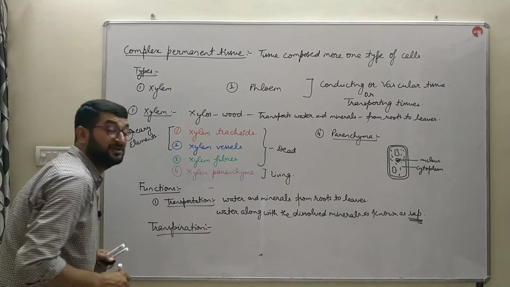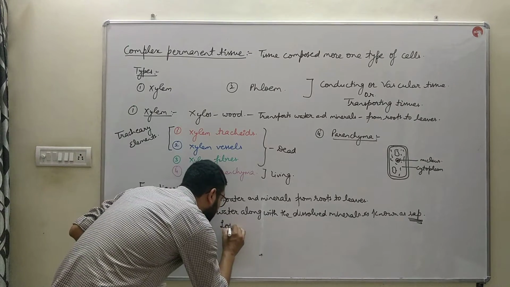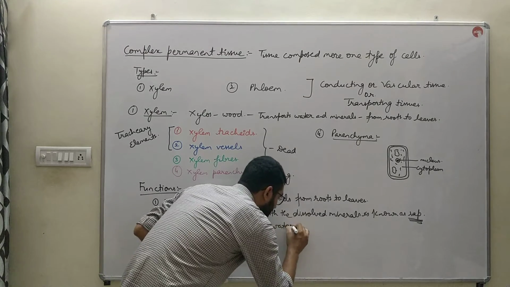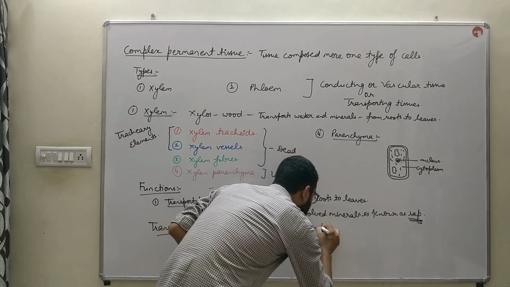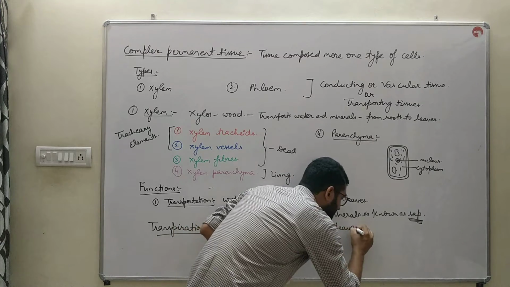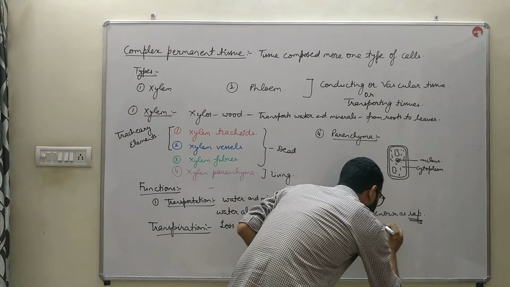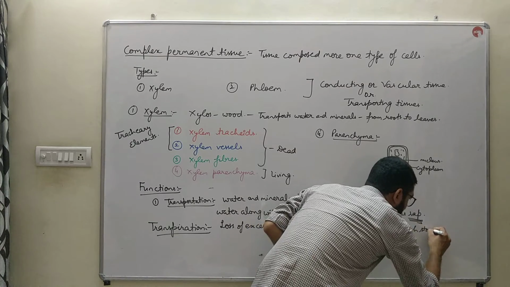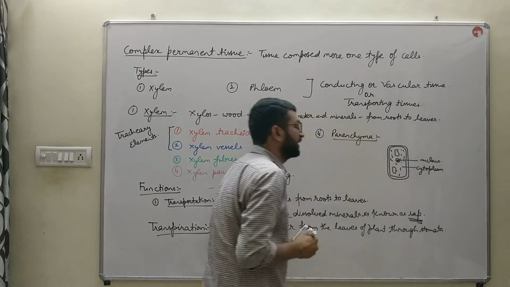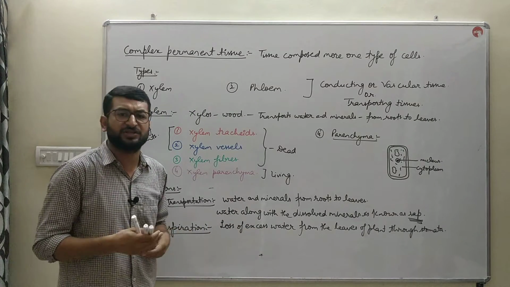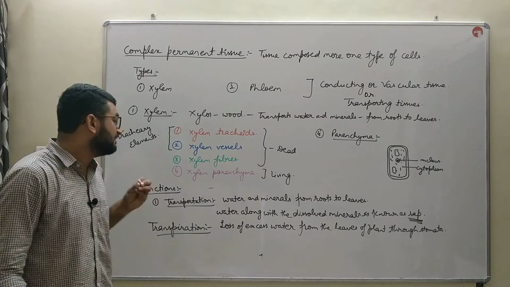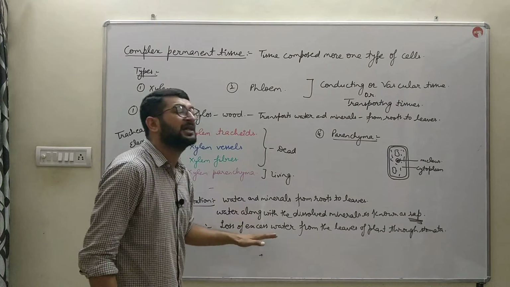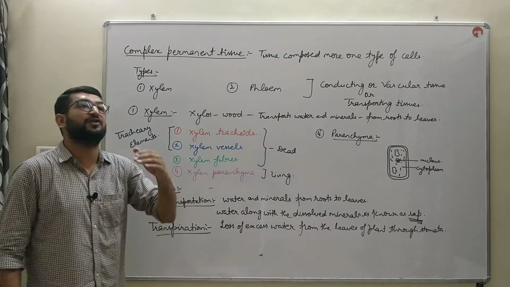What is transpiration? Loss of excess water from the leaves of the plant through stomata. Stomata are tiny microscopic pores present in the leaves or the green shoots, and through those stomata, the excessive water of the plant is removed.